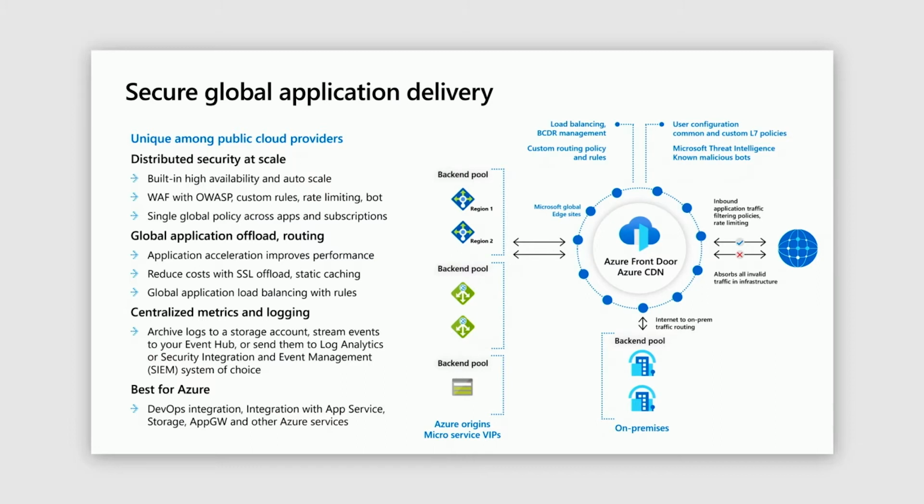We provide a series of capabilities in the platform that allow you to implement core load balancing so that even if you are under attack, you can keep your service up, a custom routing policy with rules so that you can actually customize the behavior of Front Door and CDN to your application, and then secure that application at the edge using a set of our Microsoft-defined WAF or Web Application Firewall policies, as well as defining your own policies of how you want to control access to your service.